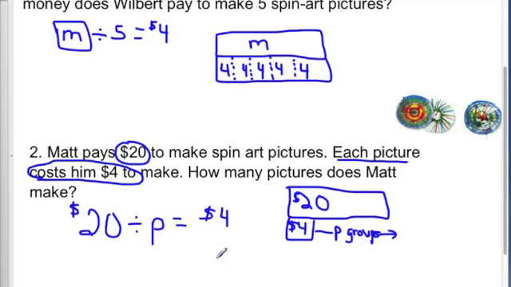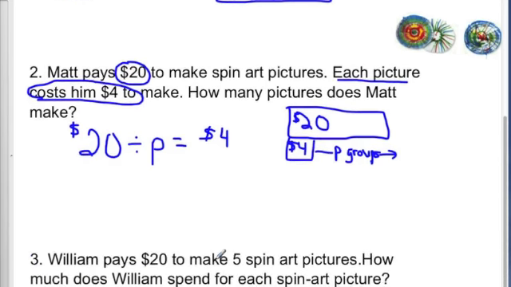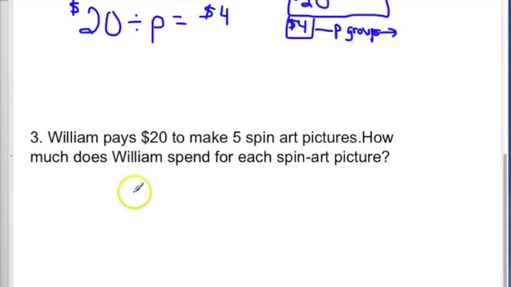Okay? Let's look at another example. In this example, the unknown is going to be the number in each group. William pays $20 to make 5 spin art pictures. How much does William spend for each spin art picture? So we know that he pays $20, so we can represent that.